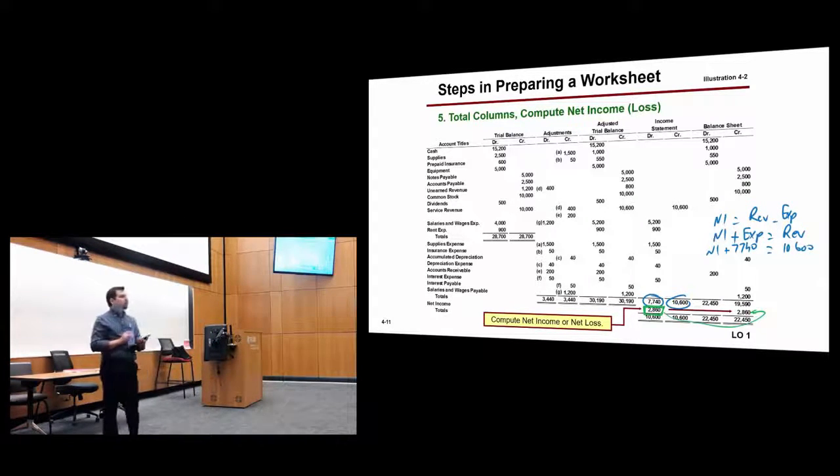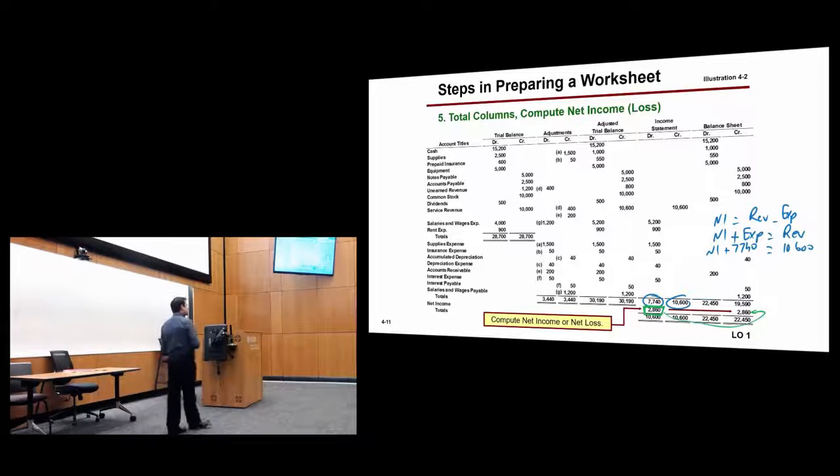We will learn later on how we transfer that information there. But this is basically the difference between assets and liabilities and stockholders' equity. This is the only piece of information that was missing to calculate retained earnings and to balance the accounting equation.